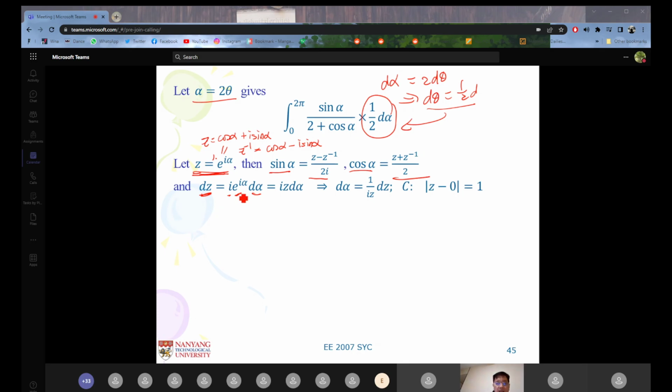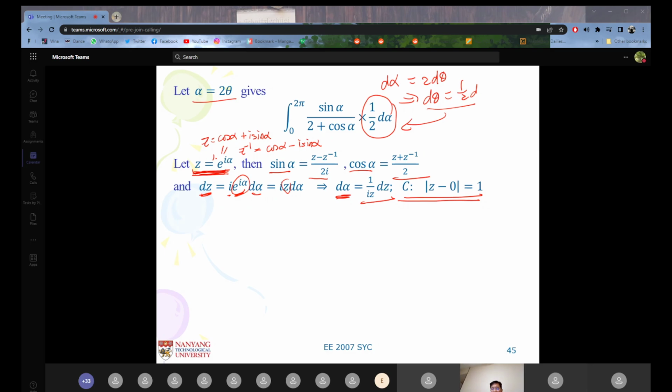But what is e to the power i alpha? It is your z, since we have set it to be equal to z. So reorganizing, d alpha will be changed into dz over iz. And because of the choice of this z, as alpha goes from 0 to 2 pi, I will now have a closed contour, which is a unit circle centered at the origin.